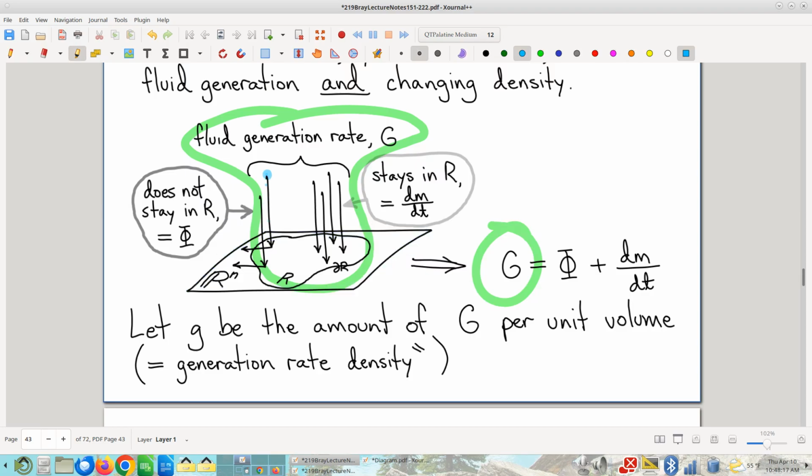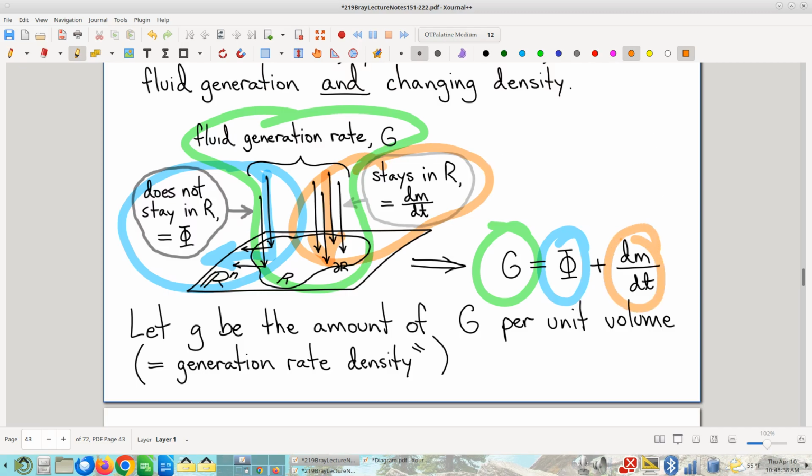That fluid either leaves, which, by the way, means it's part of the boundary flux, or it doesn't leave, which means it's contributing to how much stuff is increasing in that region.